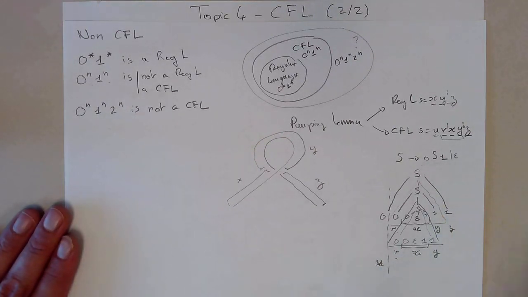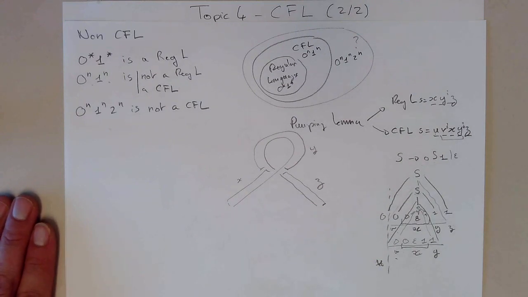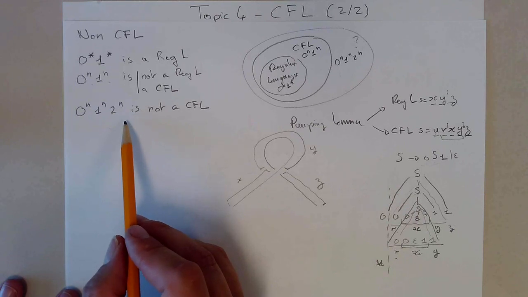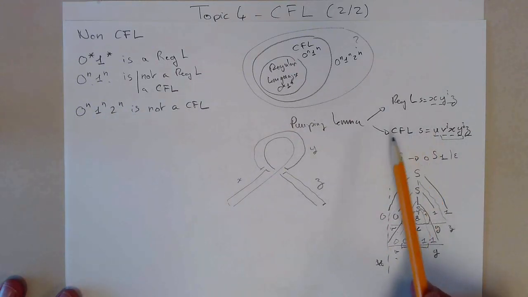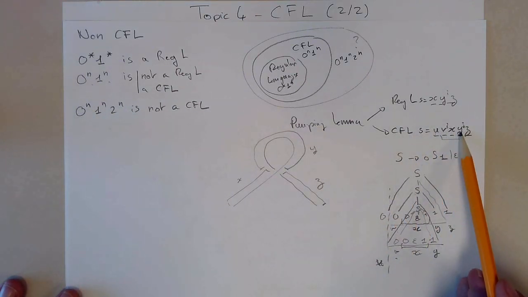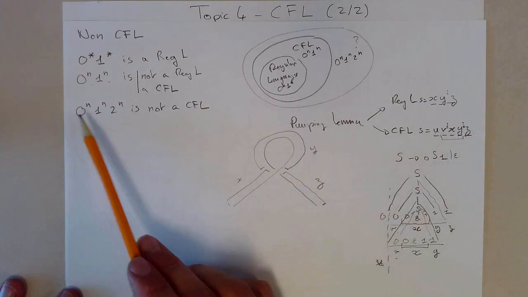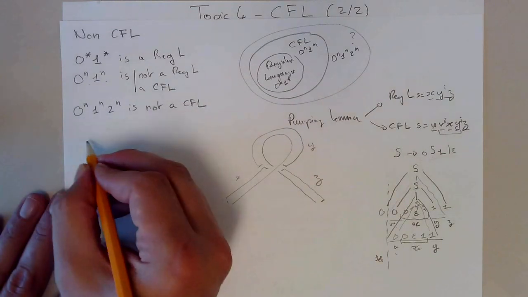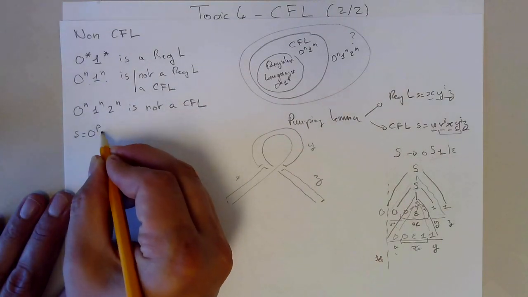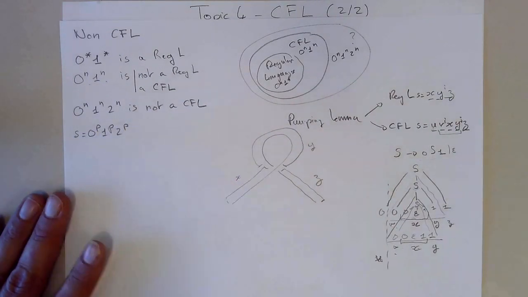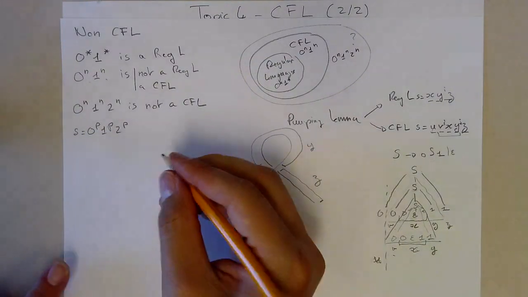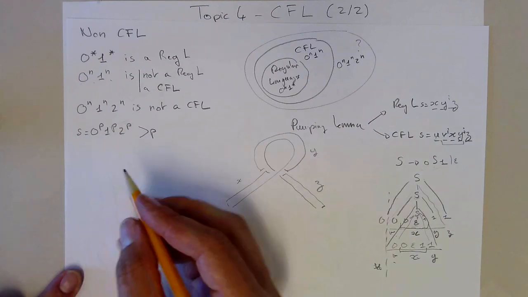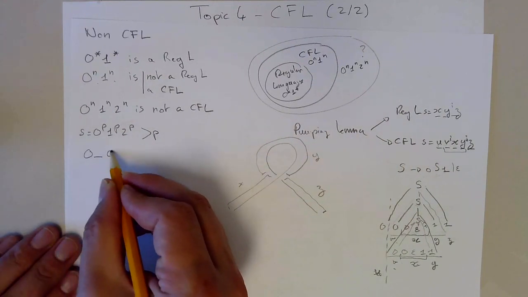Whatever way you divide s into 5 pieces, there is no way you can loop over v or y without modifying this form. So take s equals 0^p 1^p 2^p, which is obviously longer than p. If you take this, it has this form.